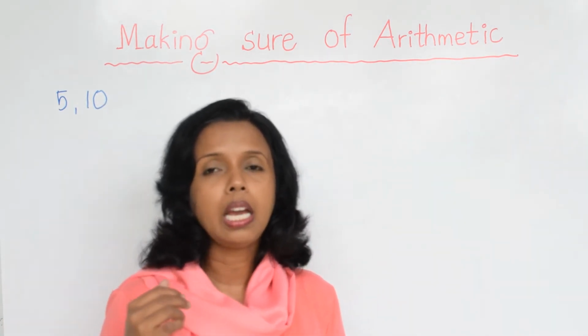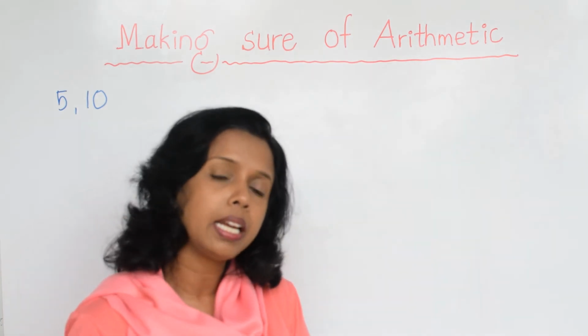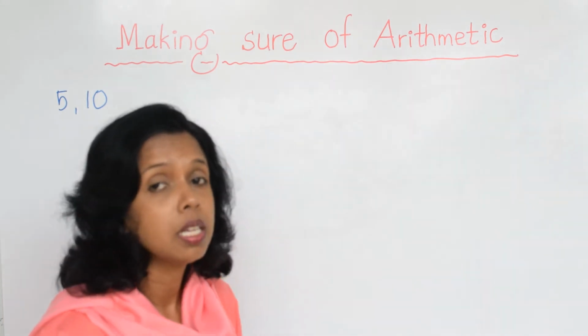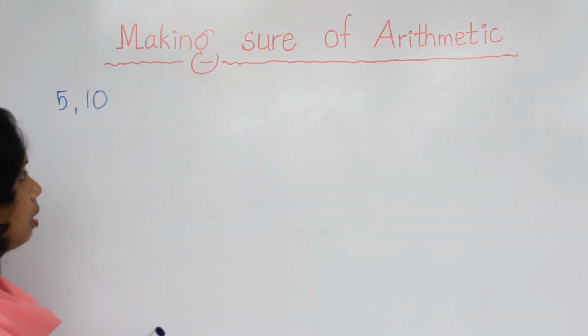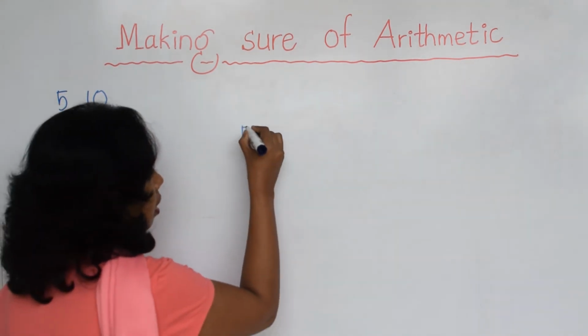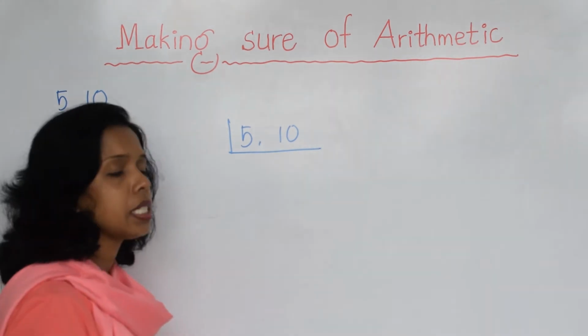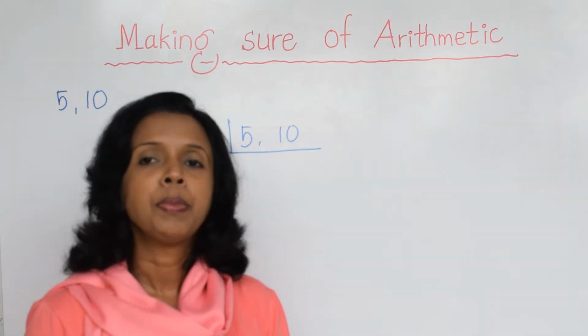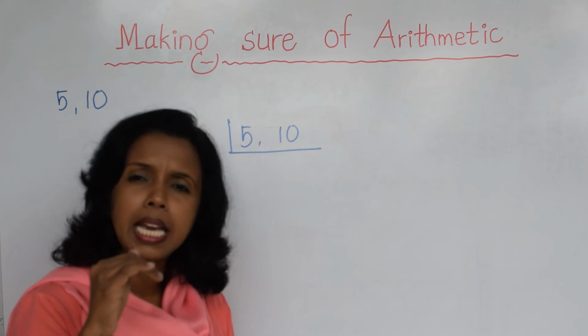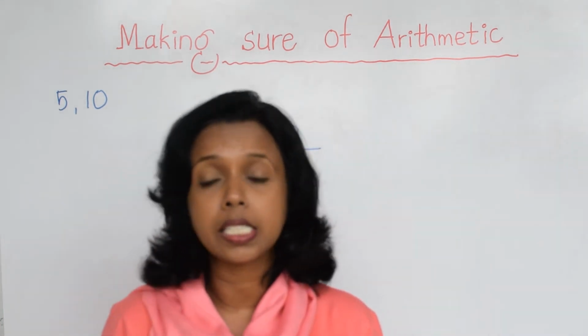Why I wanted to explain about prime numbers is because in the second method, with 5 and 10, this is how we do it. We divide these given numbers by prime numbers, right? So first of all, what is the lowest prime number we have? It is number 2.